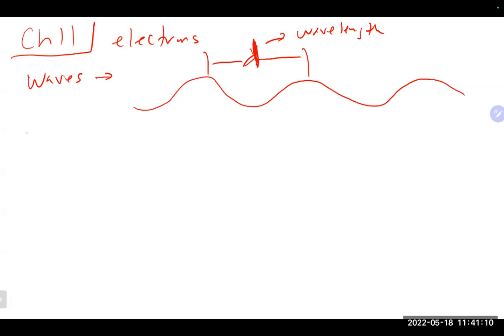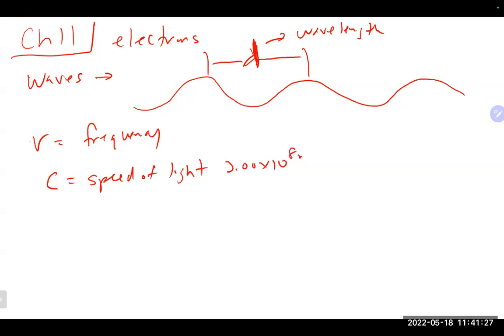We also talked about the frequency, which is sometimes referred to by this symbol, and the speed of light, which is c, which is 3 times 10 to the 8 meters per second. And c is equal to the wavelength times the frequency.